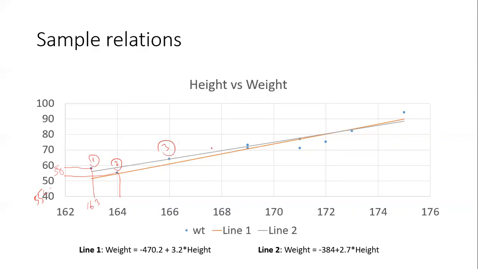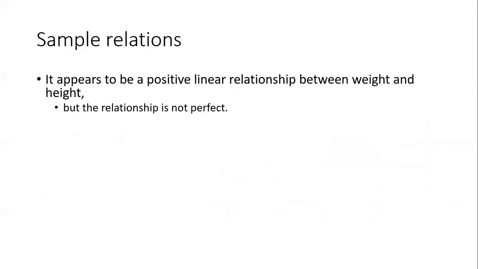What I do is I just plot them, right? As you see, as the height goes up, the weight goes up as well. So there's a relationship between them. That's for sure. The weight increases with the height, but it's not a deterministic relationship.